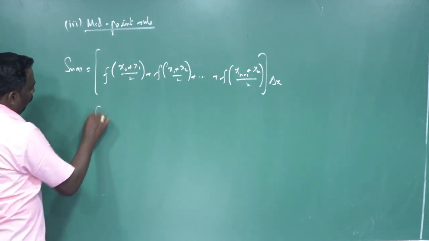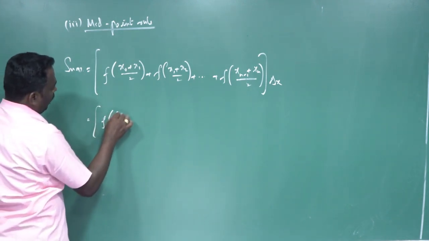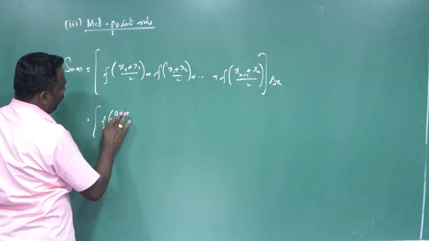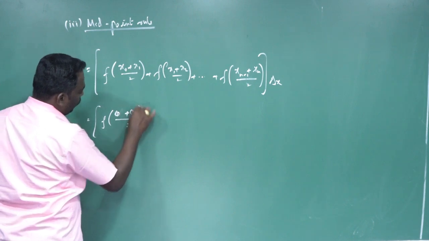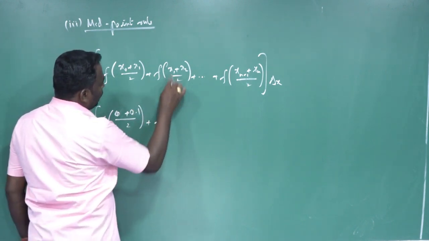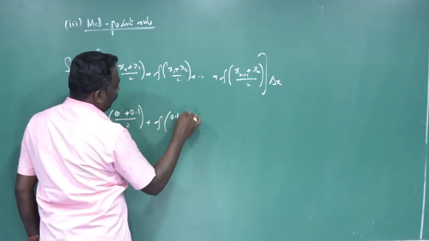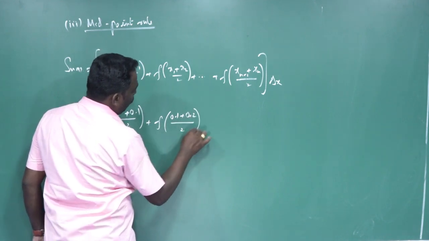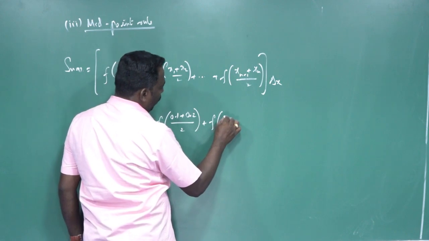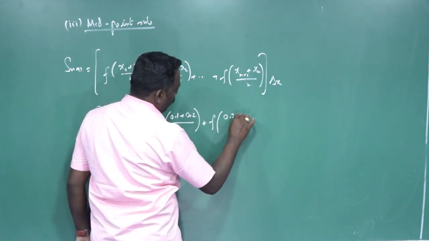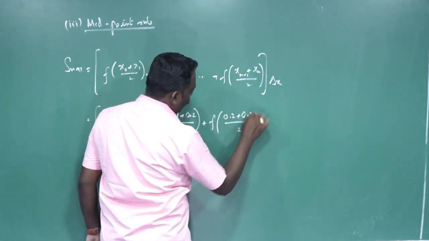Now that is equal to, within the bracket, f of (x0 equal to 0 and x1 equal to 0.1)/2 plus f of (x1 equal to 0.1, x2 equal to 0.2)/2 plus f of (x2 equal to 0.2 plus x3 equal to 0.3)/2, plus f of (0.3 plus 0.4)/2 plus f of (0.4 plus 0.5)/2, into delta x.